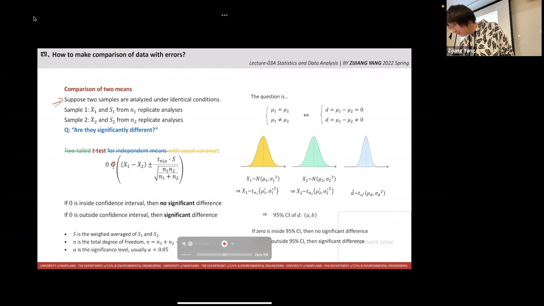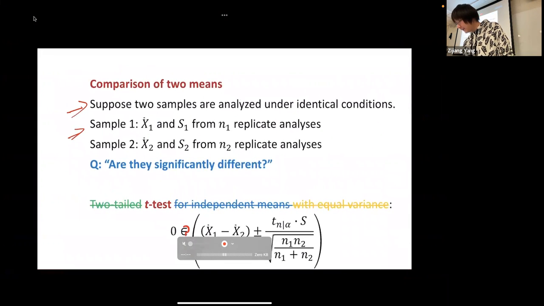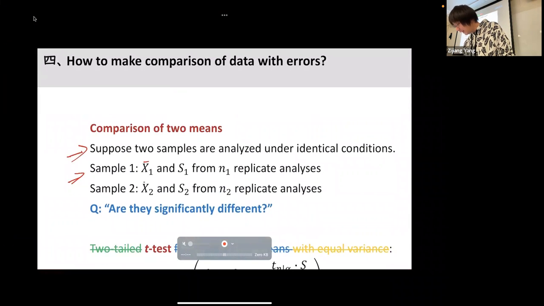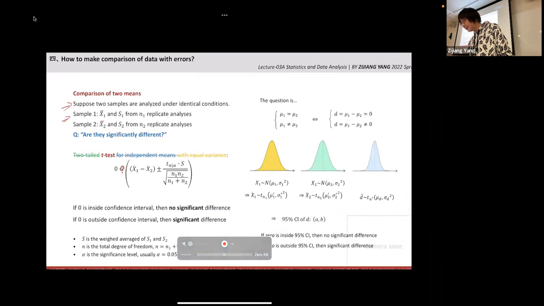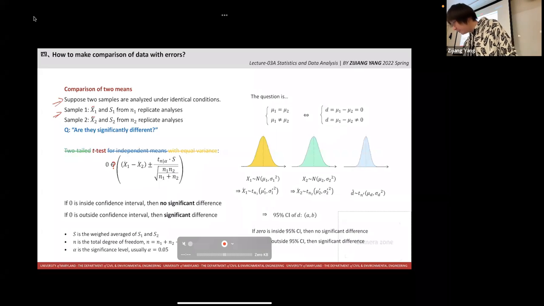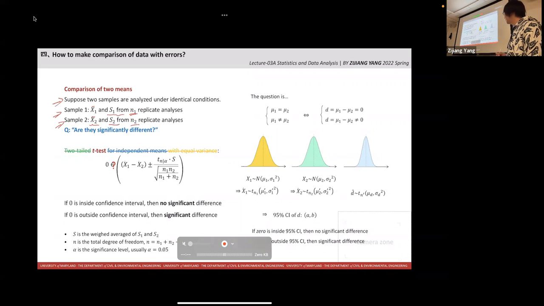For example, the first sample, sample 1, has mean x1 bar, and the standard deviation from n1 replicate analyses. And we have another sample, sample 2, which has the mean x2 bar, the standard deviation s2, and the sample size n2.